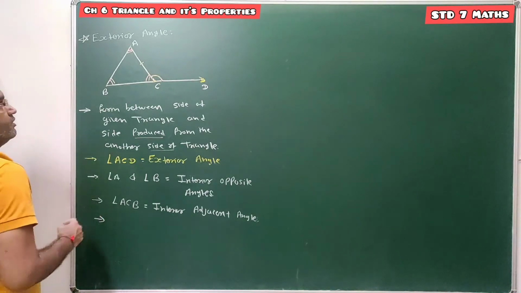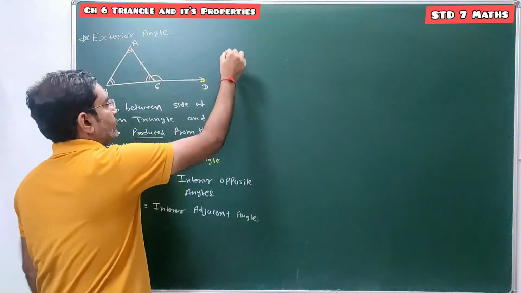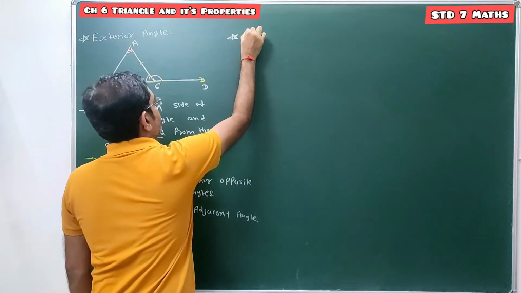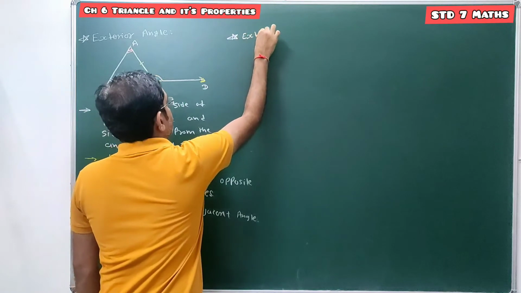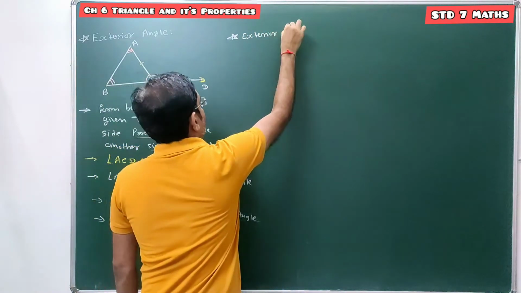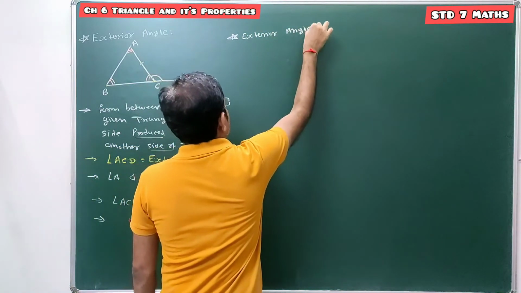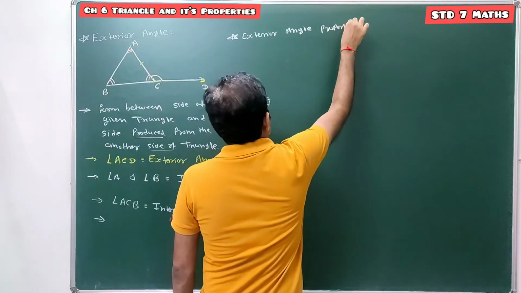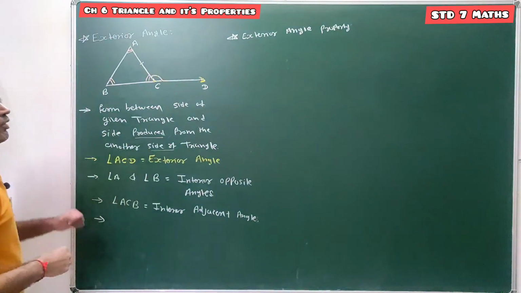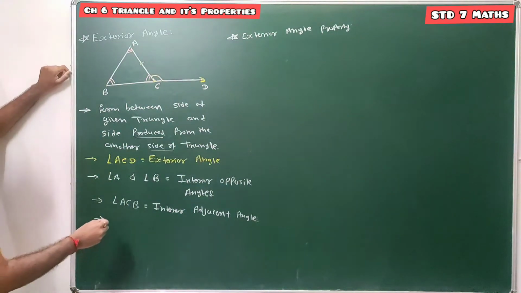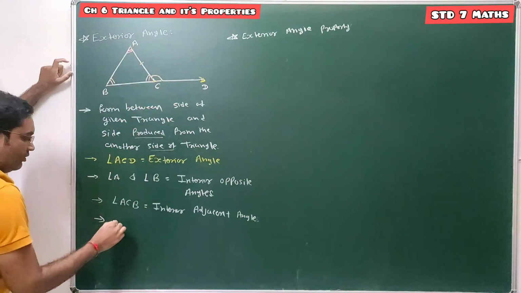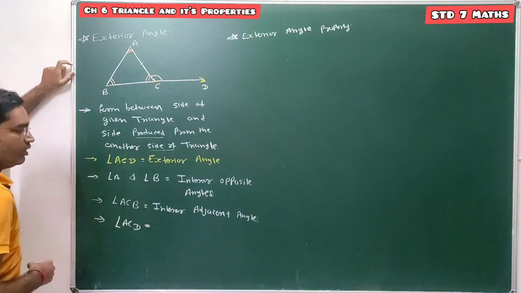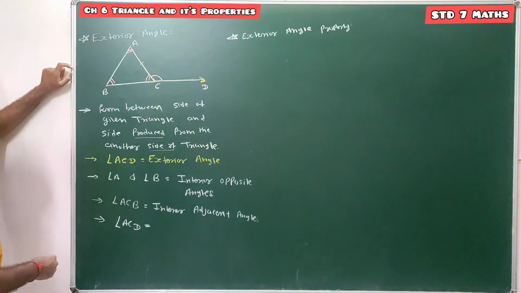The exterior angle property of the triangle is something you have to prove. In the exam, 'State and prove the exterior angle property' will come. So we have to prove this exterior angle property. What is the exterior angle property? According to the exterior angle property, the exterior angle of the triangle, that is ACD, is always equal to the sum of the interior opposite angles.